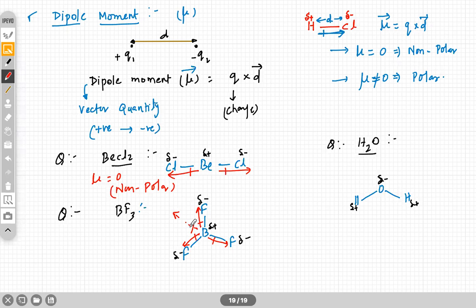Any doubt in this? Okay. So the resultant of these two vectors we have in this direction, and this one cancels out each other. Hence, the dipole moment of BF3 is also 0, and it is non-polar.